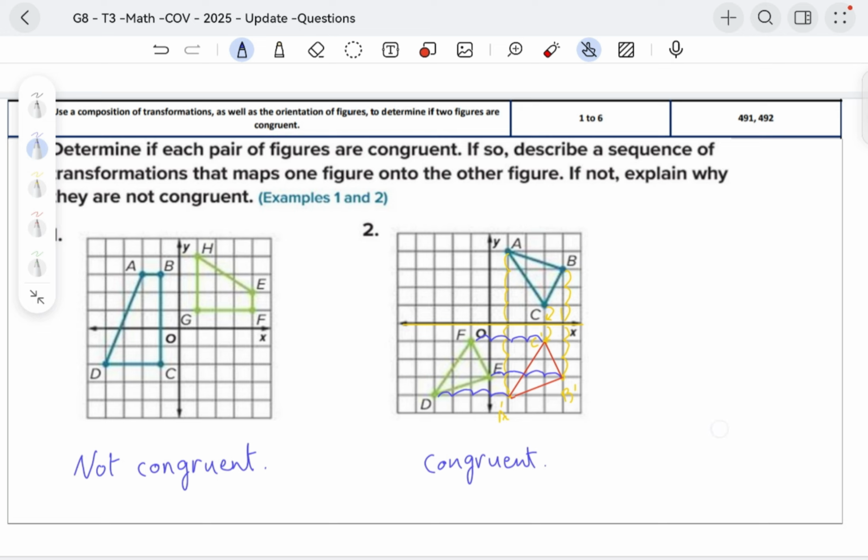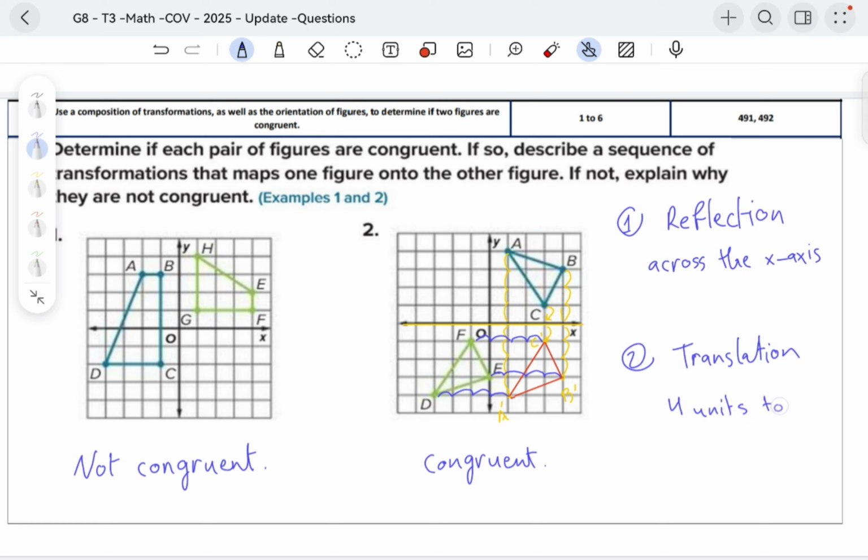And the sequence of transformation, first we have a reflection across the x-axis, and then we have a translation 4 units to the left.